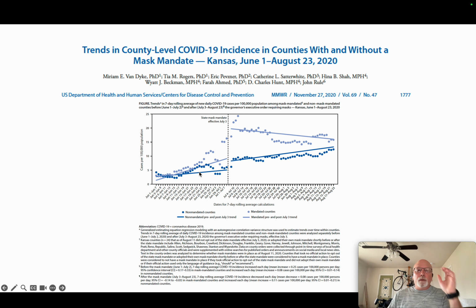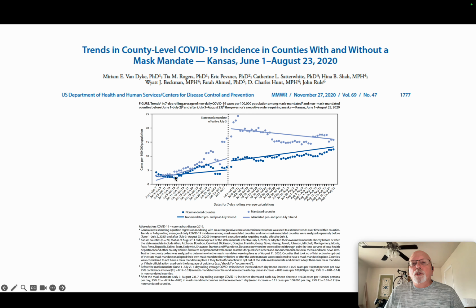And these are the data. So the light blue dots are in counties that adopted the mandate. The dark blue dots are without the mandate, and the dotted line represents when the mandate went into effect. These are 7-day averages, and they're taken every other day. So June 1st, June 3rd, June 5th, June 7th, June 9th.